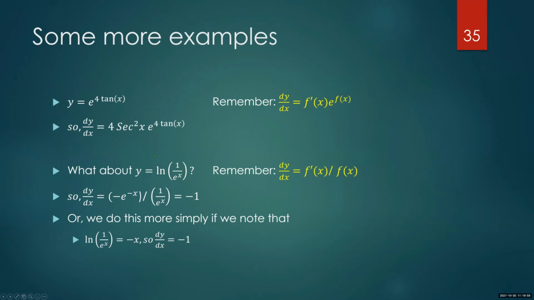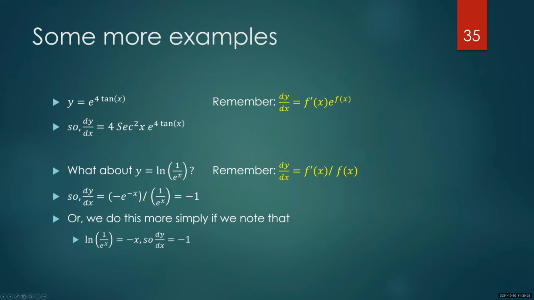What about y is the natural log of 1 over e to the power of x? So dy dx is equal to f dash of x over f of x. So 1 over e to the power of x is equal to e to the power of minus x. When you differentiate e to the power of minus x, you get minus e to the power of minus x. So that's your f dash of x.